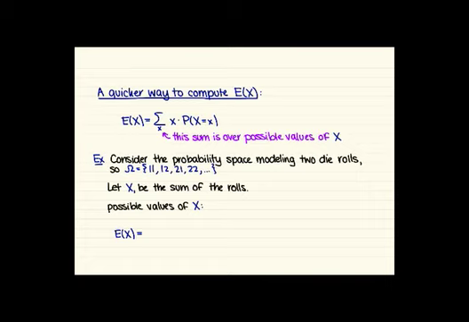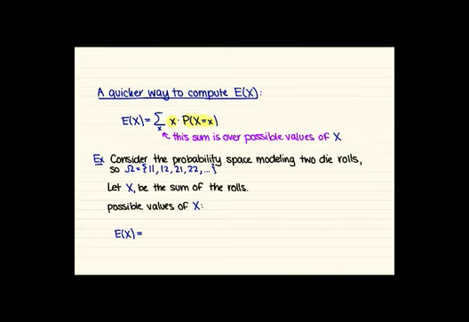So instead of going by outcome, you can sort this by the possible values of x. So for each possible value for x, you add up x times the probability that x, the random variable, equals little x, that value. So the value times the probability that that value happens.